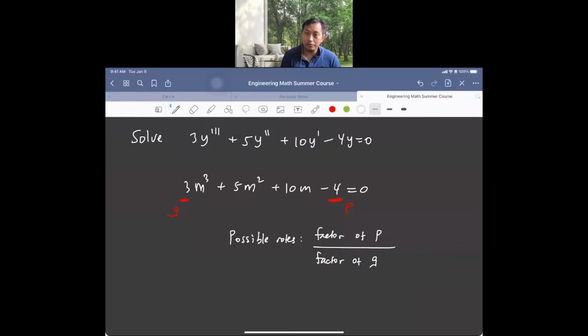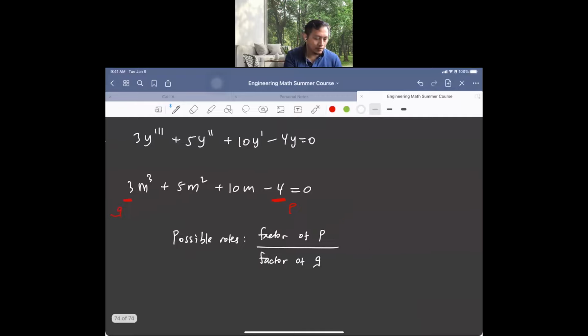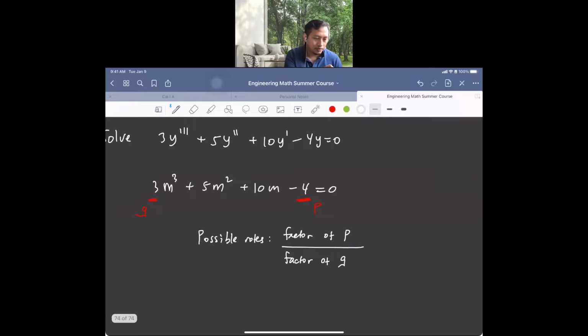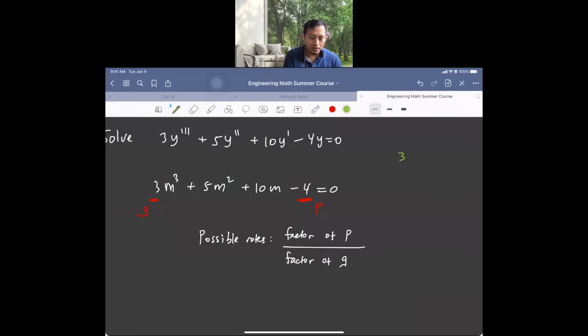That is your possible roots. What does factor mean? If you see this 3 and 4, so let me say 3. 3 is built by how many numbers if we multiply? It's just 1 and 3, right? Plus minus. There's no other number that is a factor of 3.